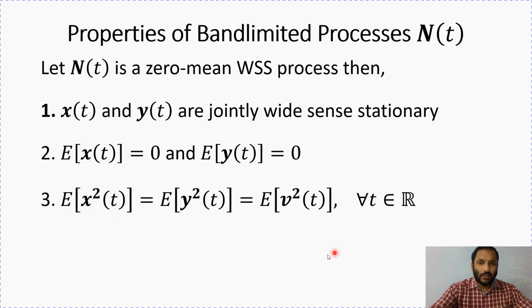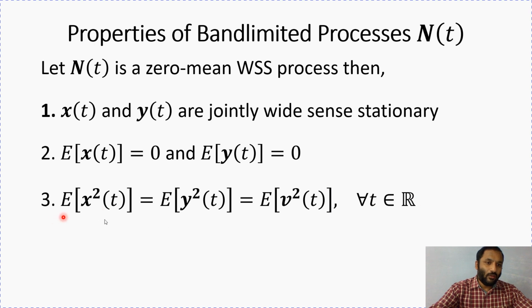This is the mean of the squared values of the random variable x of t. Now this is for all times, not for only one time. We are calculating the mean square values of the random variables for all the times.